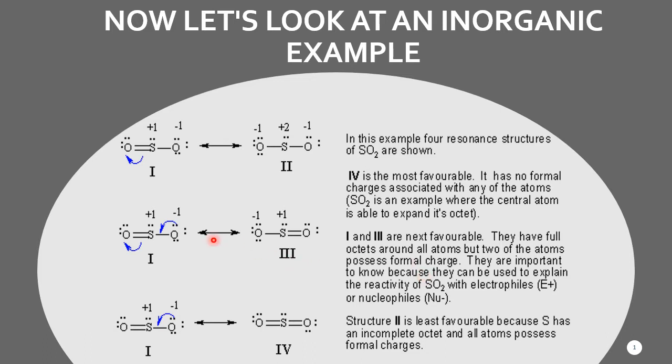This is our sulfur dioxide molecule. Sulfur dioxide contains two different kinds of atoms, one is sulfur, one is O, and the formula is SO2. O, how many valence electrons? 6. And sulfur, how many valence electrons? Again 6. First we will check whether each O and S has 6 electrons or not.